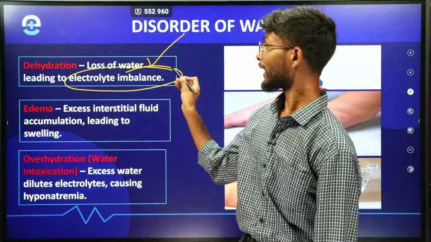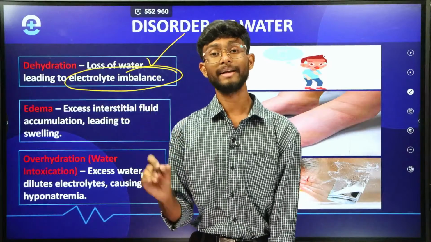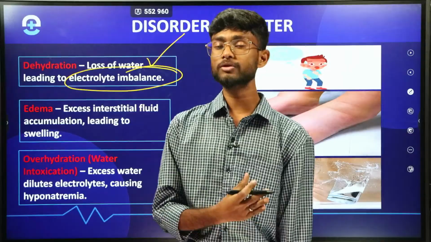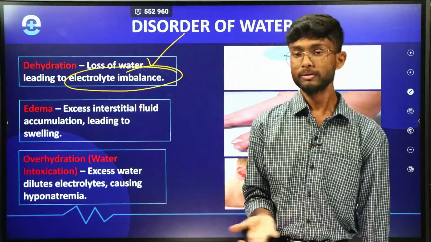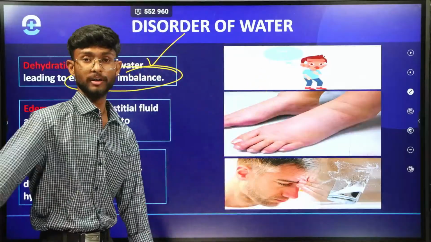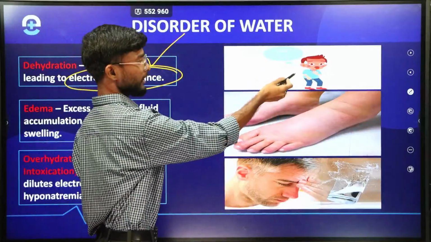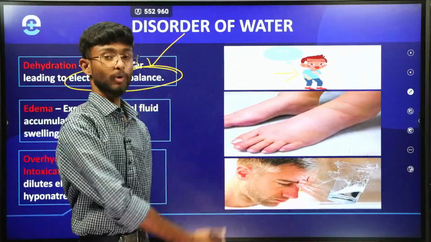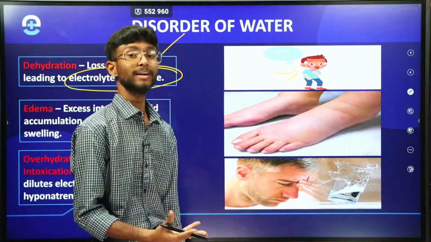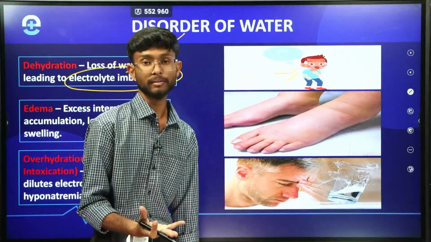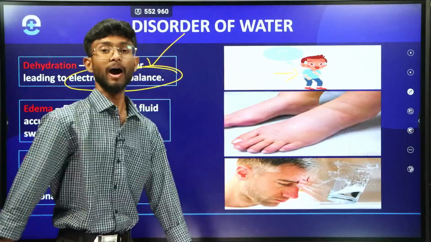If the water is not present, the electrolytes also will not dissolve. That is how dehydration occurs. You can see the picture here. He is very thirsty and eager to drink water. Your body needs a sufficient amount of water, if not, then dehydration will occur.